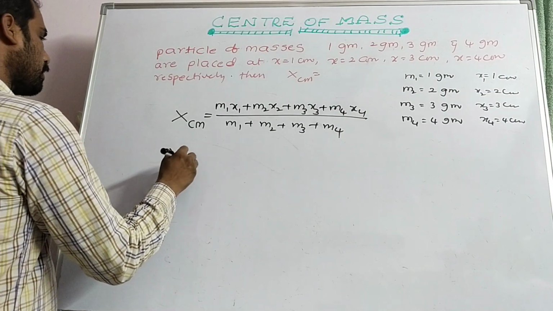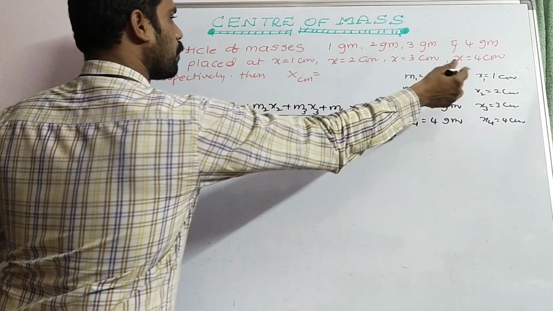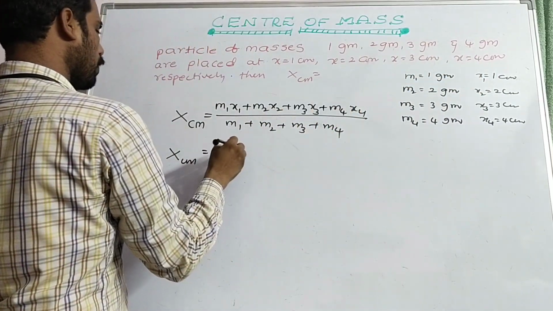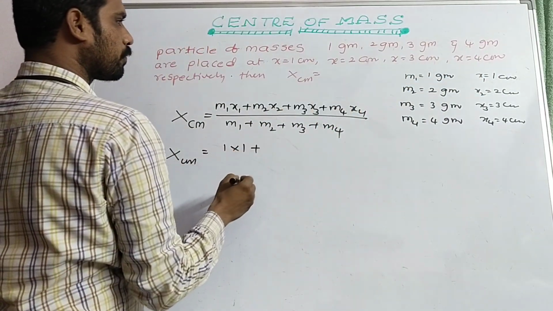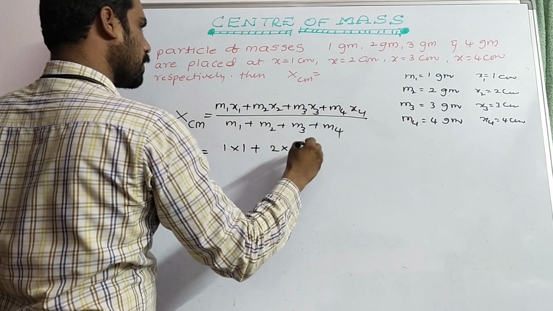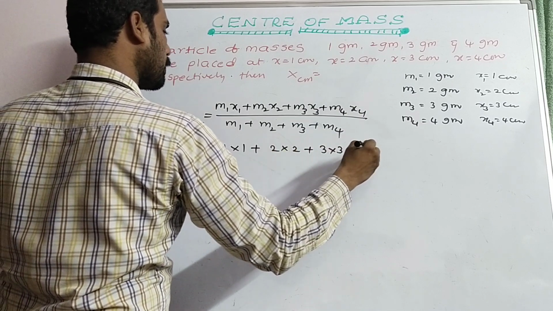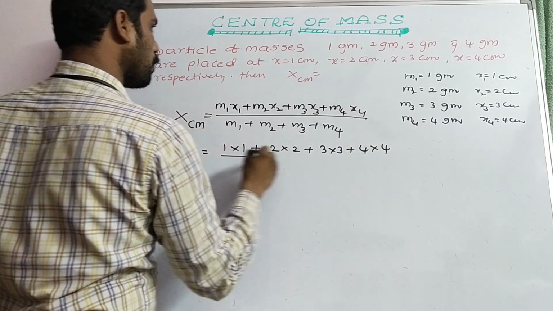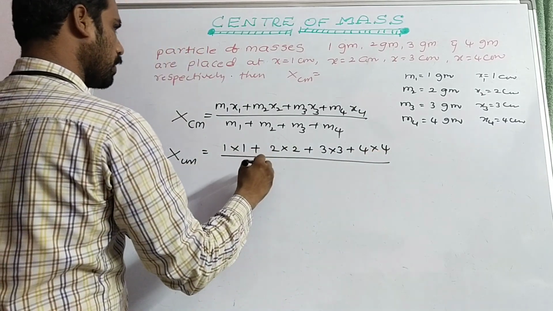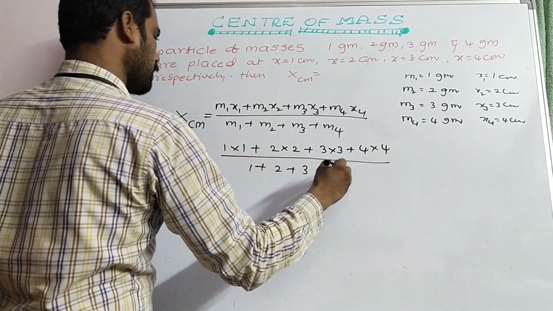So XCM can be written as 1 into 1 plus 2 into 2 plus 3 into 3 plus 4 into 4, by 1 plus 2 plus 3 plus 4.